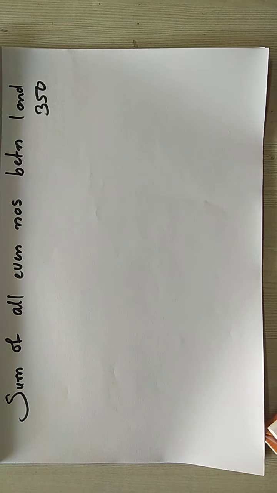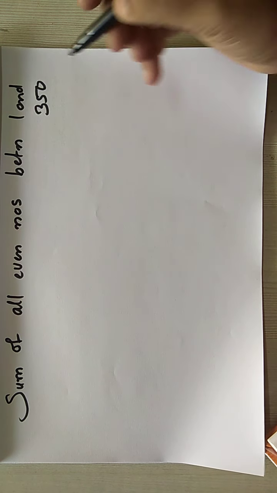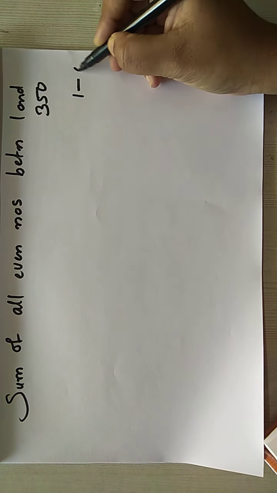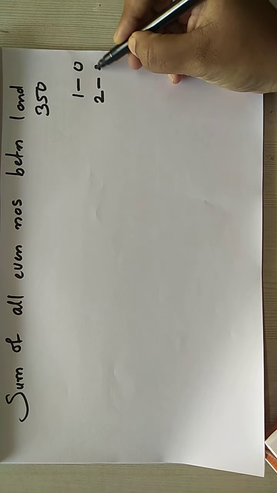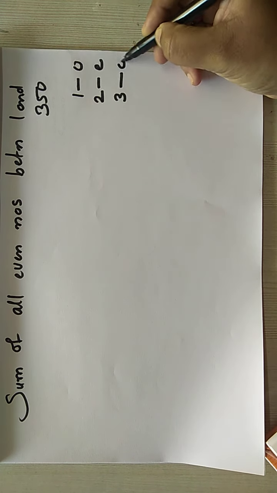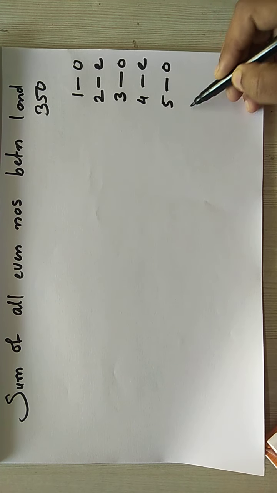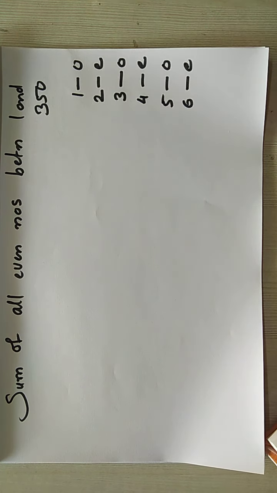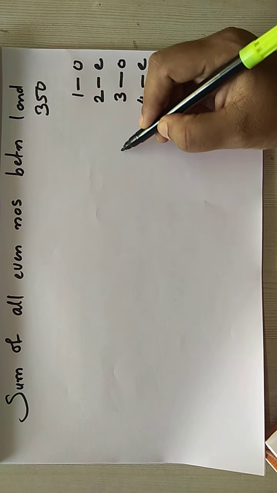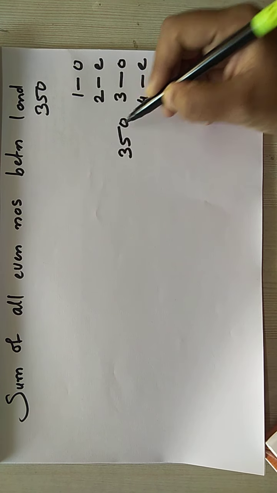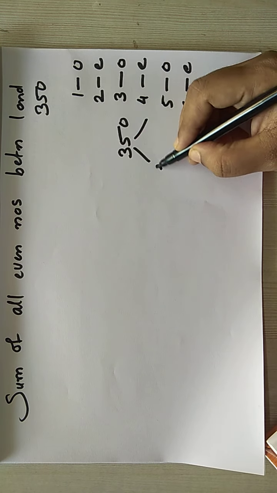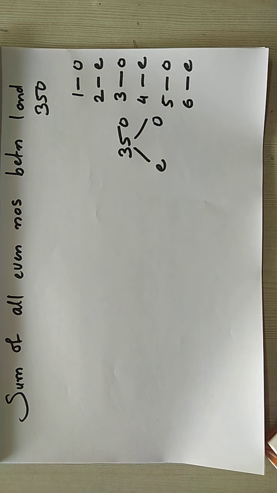Now we know very well that the even and odd come alternately in the natural numbers. For example, 1 is odd, 2 is even, 3 is odd, 4 is even, 5 is odd, 6 is even. This you all must be knowing. So if we have total 350 numbers, out of 350 numbers, half will be even and half will be odd.